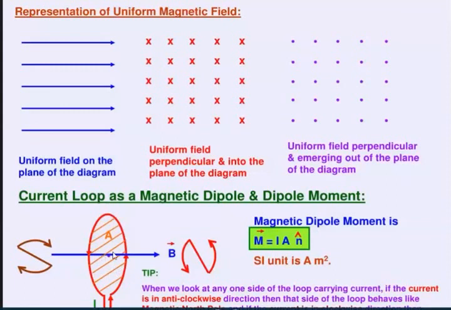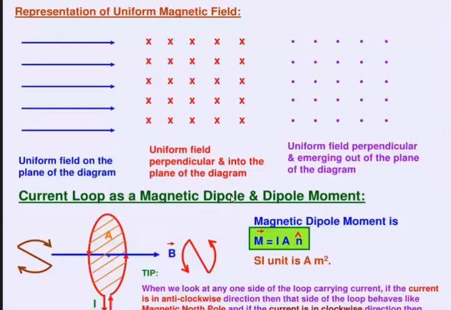In the case of a bar magnet, a permanent magnet, the magnetic dipole moment is just defined as the product of the magnitude of one of the pole strengths of the bar magnet and the dipole length, because a bar magnet has a finite length between the two poles, and that length is called the dipole length.